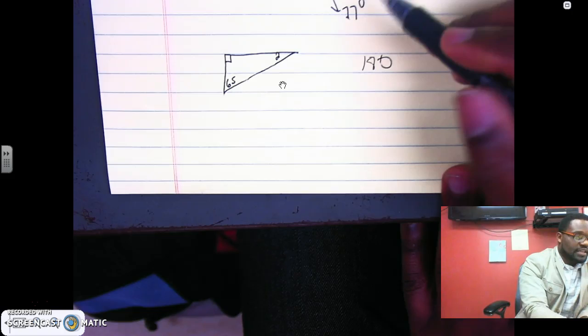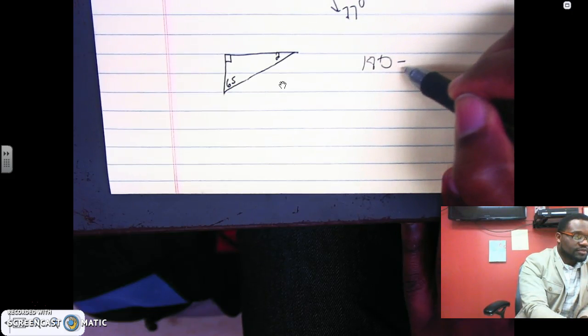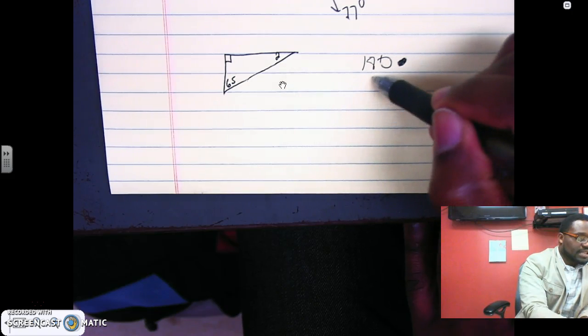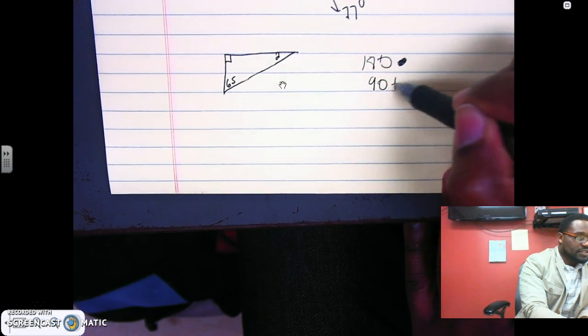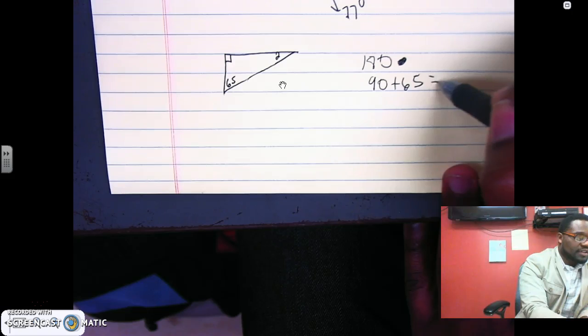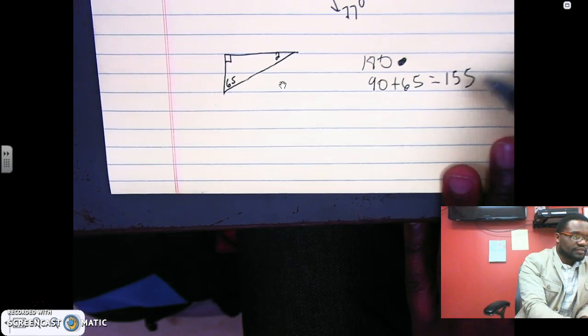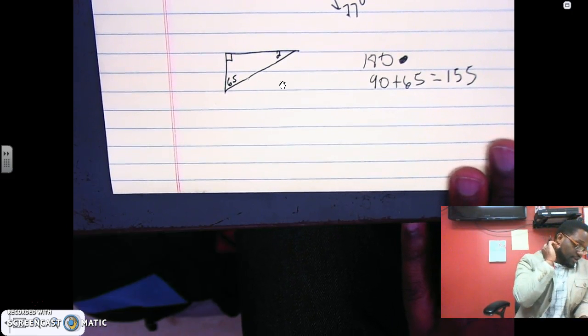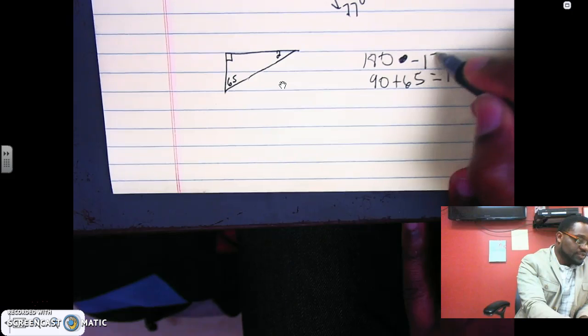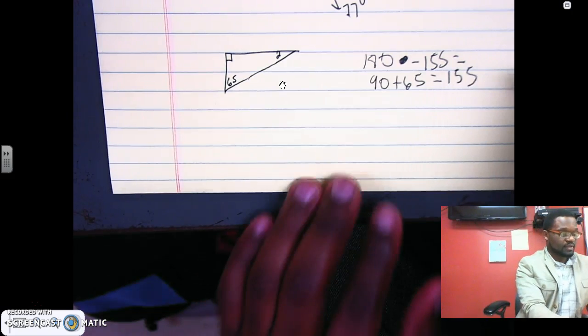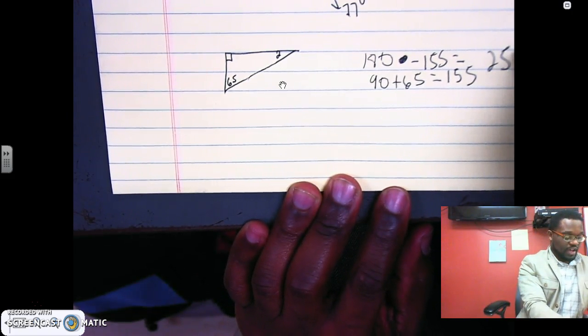So 90 plus 65 equals 155. If I take 180 minus 155, I'll get 25 degrees.